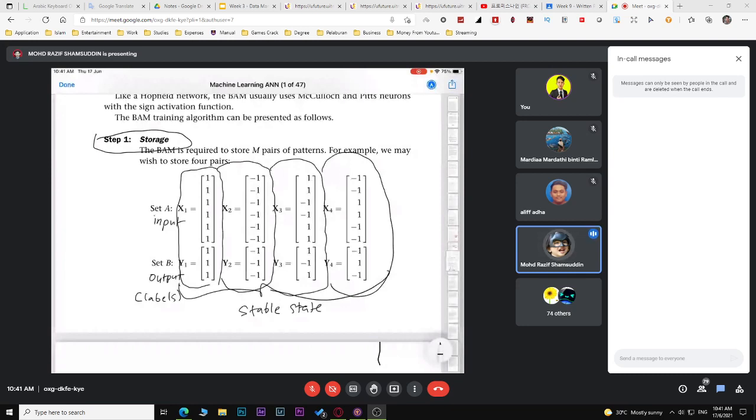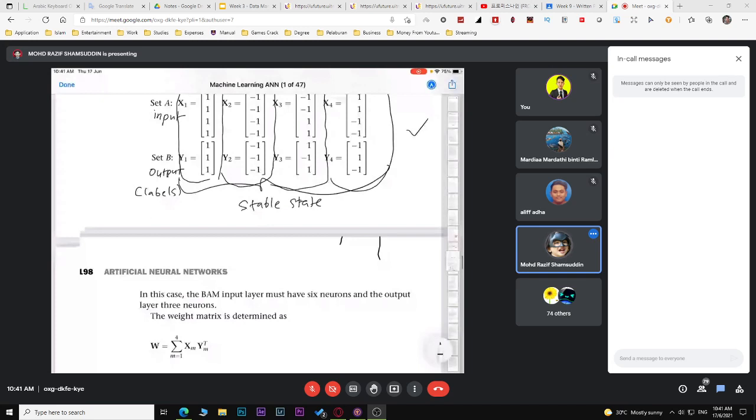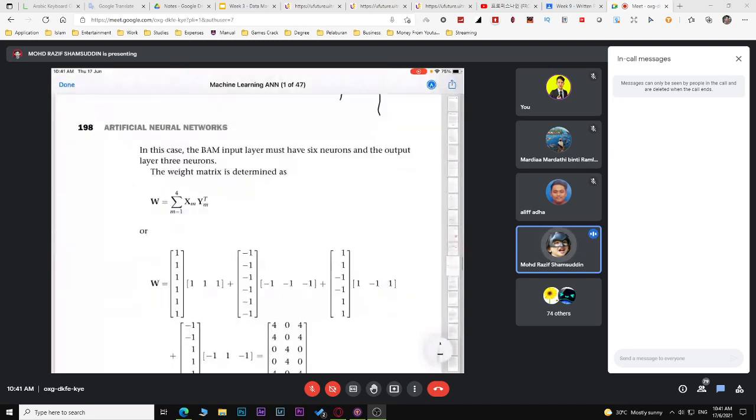So I've already explained this one. So you have an input pair. Now look at how bidirectional associative memory calculates the weight matrix, because one of the objectives of step number 1 is to find the weight. So this is the weight.